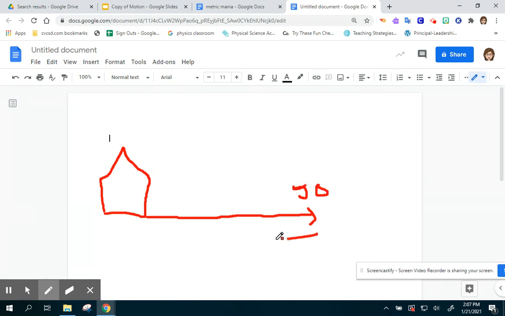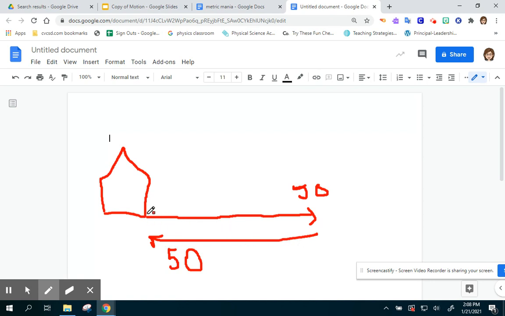Then he gets back on his scooter and he goes 50 meters back. It's a little better, still pretty crazy. So he went 50 meters out, 50 meters back. His total distance is going to be what? You go 50 plus 50. His total distance is going to be 100 meters.